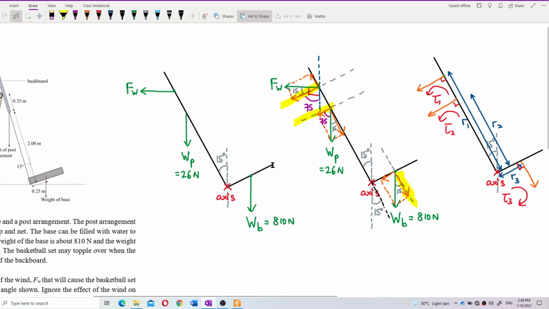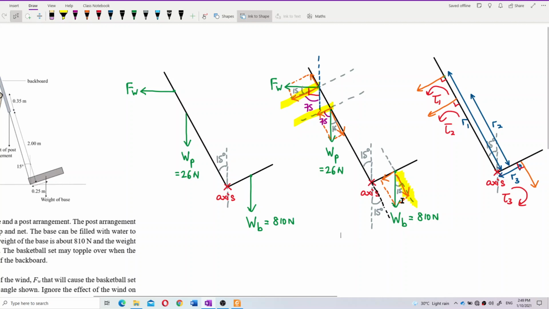Okay, so this is how I resolve. First of all, you draw the parallel and perpendicular axis. I have drawn already here. So for the weight of the base, I draw a perpendicular axis. For the weight of the post, also a perpendicular axis. For the force of the wind, also a perpendicular axis.